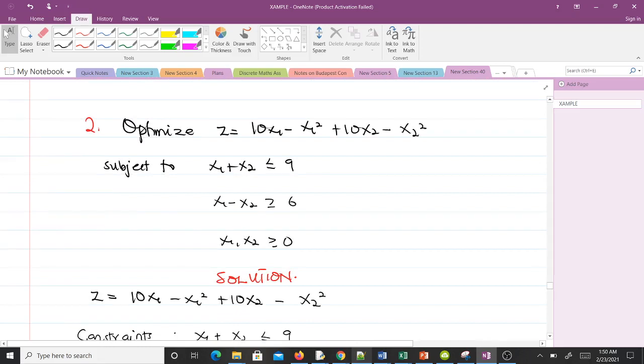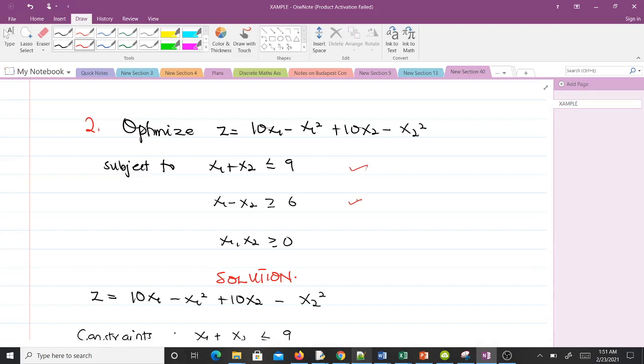So it says optimize z equals 10x1 minus s1 squared plus 10x2 minus s2 squared. Subject to these constraints. Okay, so we have inequality constraints here.